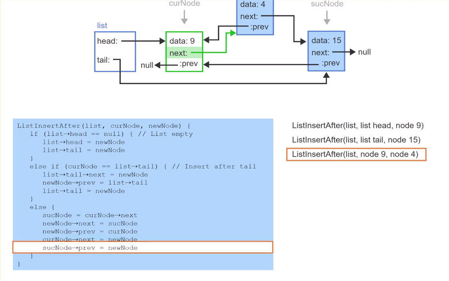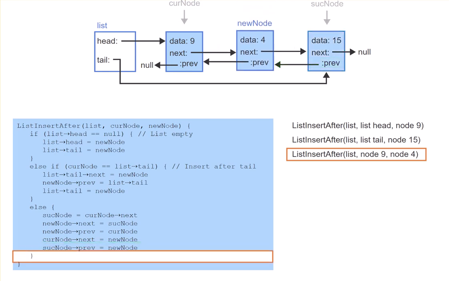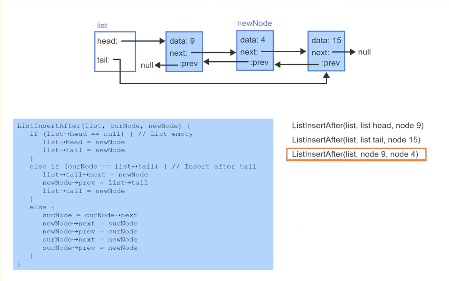Interesting. And what happens next is the successor node's previous pointer assigns to the new node, and finally places the new node after the node with the data value of 9 and in front of the node with the data value of 15.